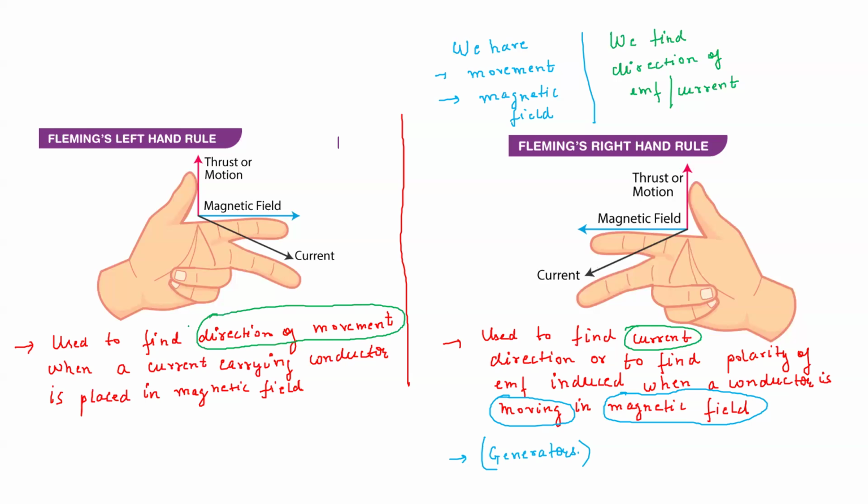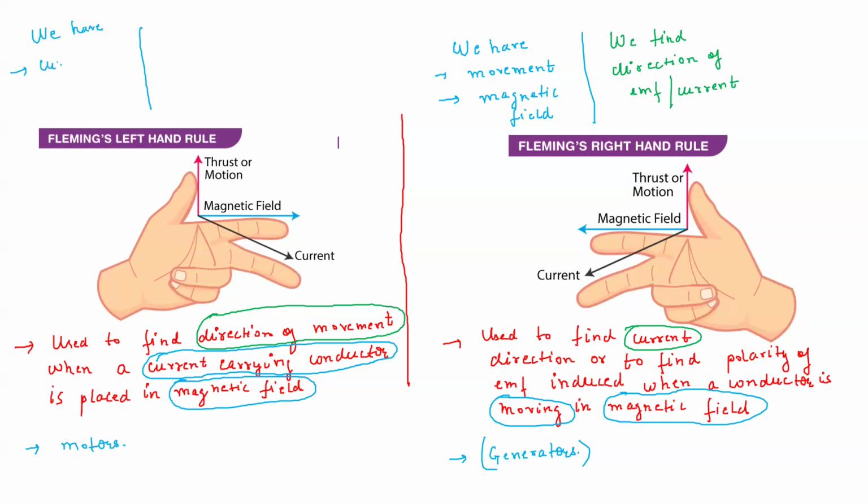Okay, when we have a current carrying conductor and it is placed in a magnetic field, this is applicable for motors. Because in motors also we have a current carrying conductor, right?